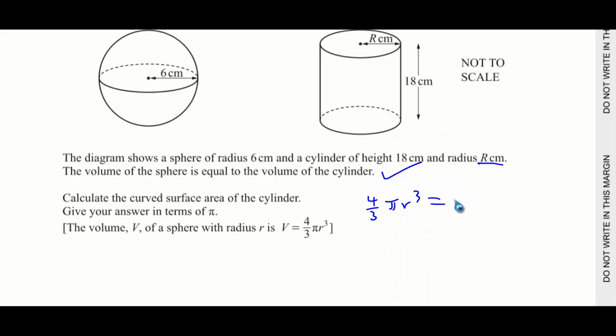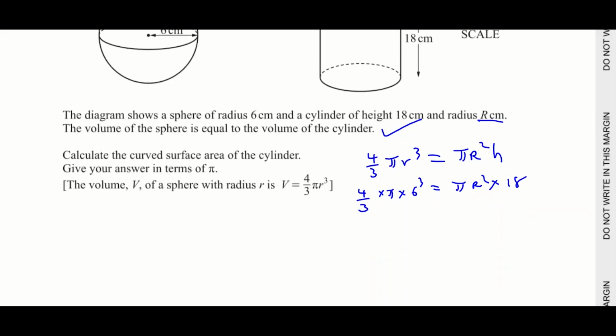The base area will be pi r squared, so pi r squared times h. If we key in the values, we have 4 over 3 times pi times 6 cubed, equals pi times r squared times the height, which is 18.